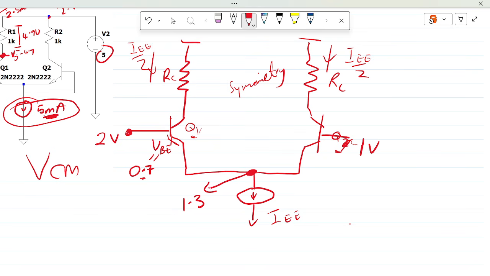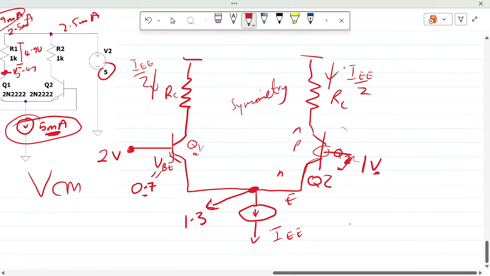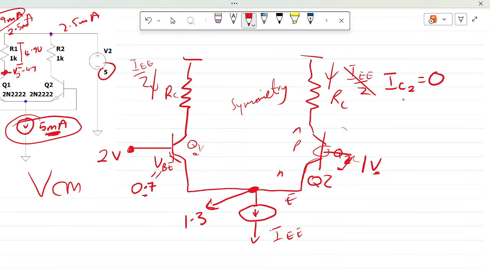Now if this voltage is at 1.3, then it means that the emitter and the base, Q2 has to be off, because this is an NPN device and the emitter is more positive than the base, meaning Q2 would have to be off. And if Q2 is off, no current can flow through here, so IC2 would have to be 0.